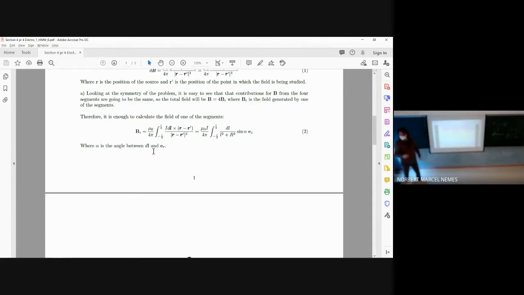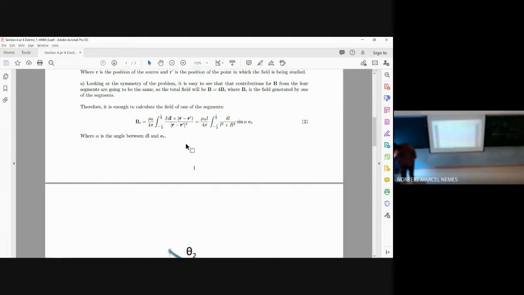In any event, what I'm going to talk about is just this integral, equation 2 of 1. So he does this symmetrically from one end of the segment to the other, and then he simply got rid of the vector nature, this alpha angle.